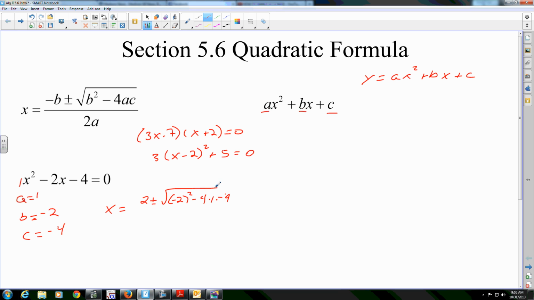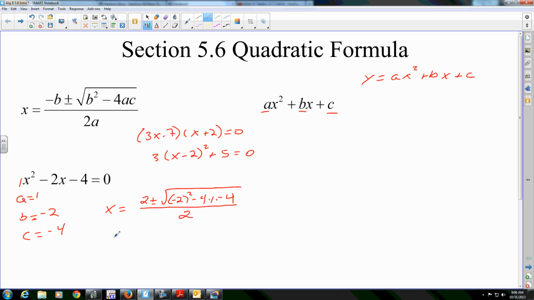Oh, my 4 is still having issues, but it almost looked like a 4. All over twice the value of a. Well, 2 times 1 is 2.